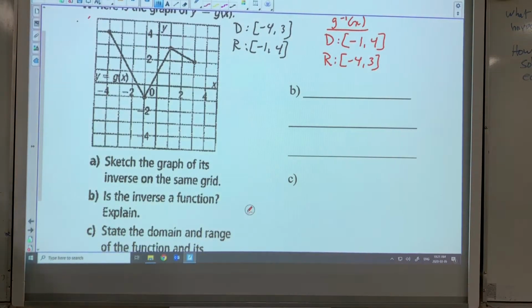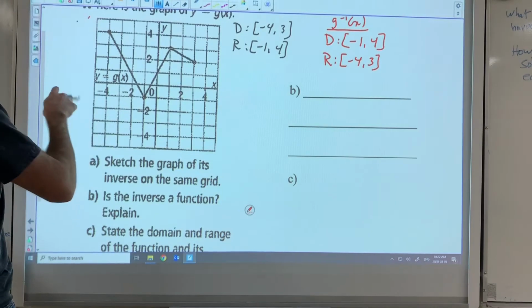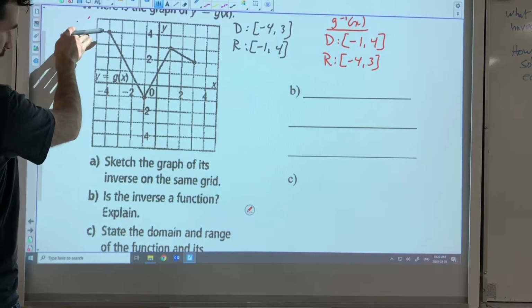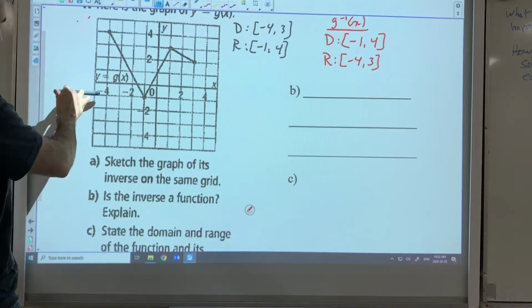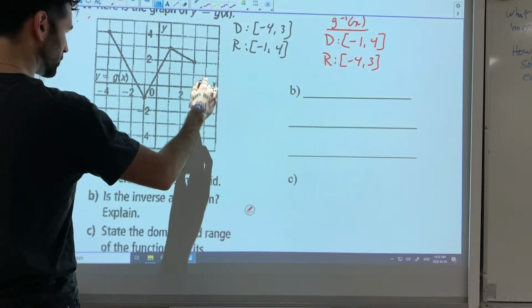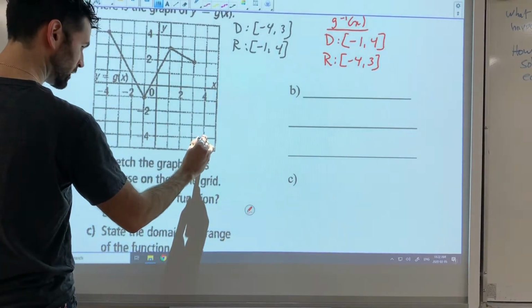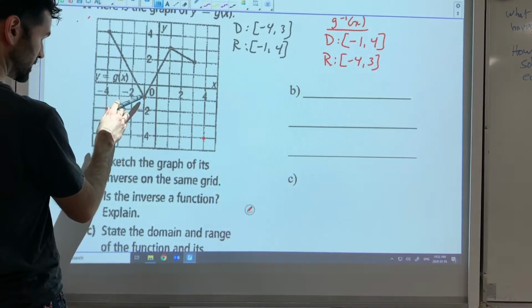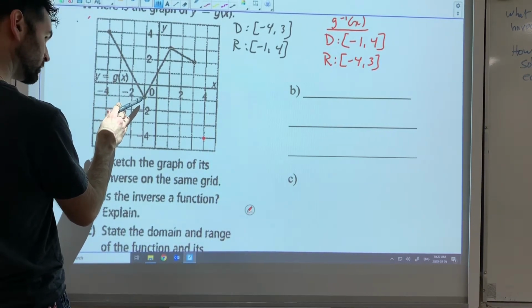So I'm going to attempt to do this without writing it out. So I'm just going to take this, I'm going to start over here, and I'm going to just switch x and y. So we got negative 4, 4 is going to become positive 4, negative 4, right there. And then this point here, that's at negative 1, negative 1.